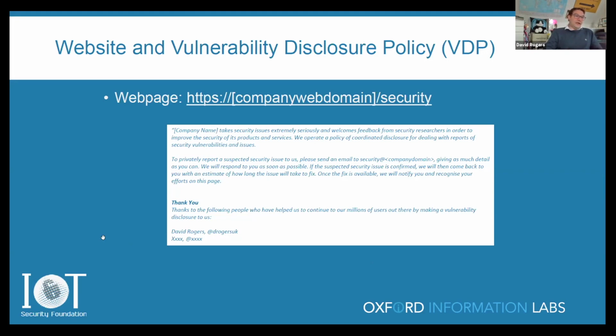So in this case, to privately report a suspected issue to us, please send an email to X, giving as much detail. We'll respond to you as soon as possible. If the suspected issue is confirmed, we'll then come back to you with an estimate of how long the issue will take to fix. Once the fix is available, we'll notify and recognize you on your efforts on this page. That's one way of doing it.